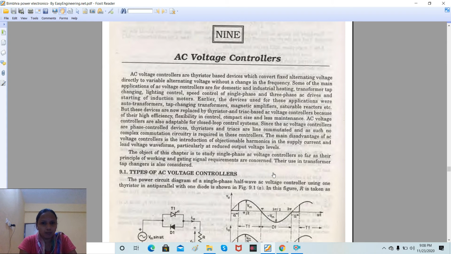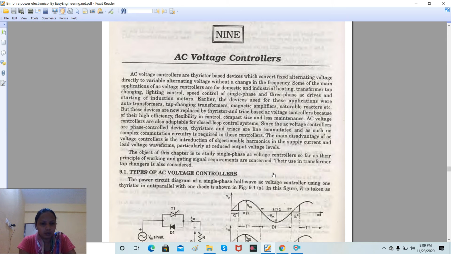There is no requirement of any other complex commutation circuitry. AC voltage controllers are phase control devices, because the thyristor and triac are line commutated, and no complex commutation circuitry is required in this controller.